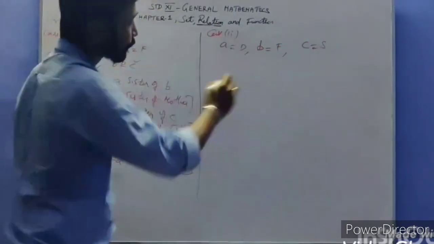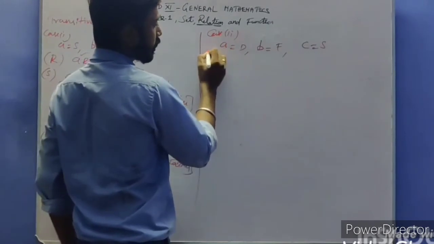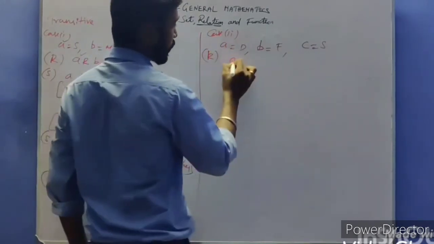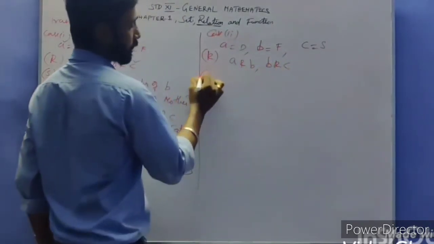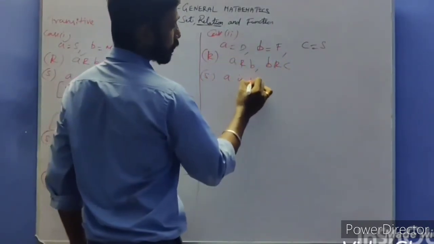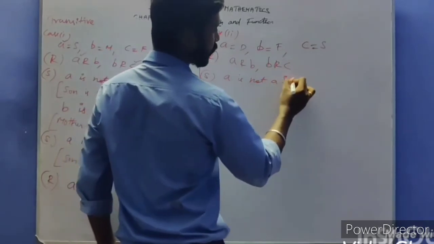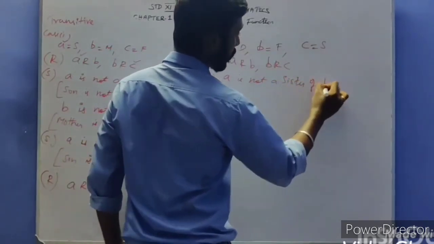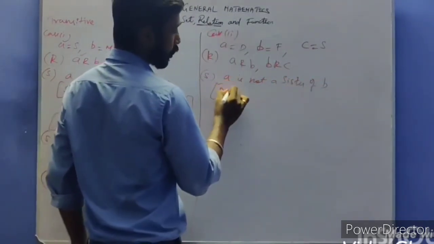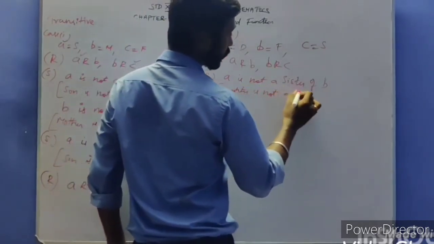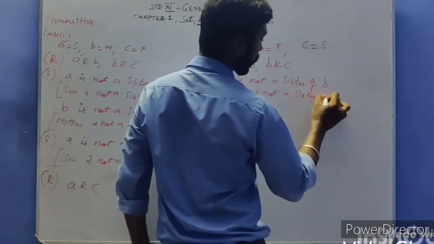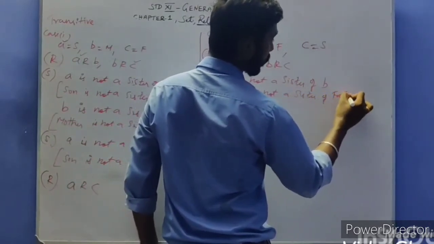So listen here. Same procedure only. R is equal to the relation. A related to B, B related to C. The statement: A is not a sister of B. That means here daughter is not a sister of father.